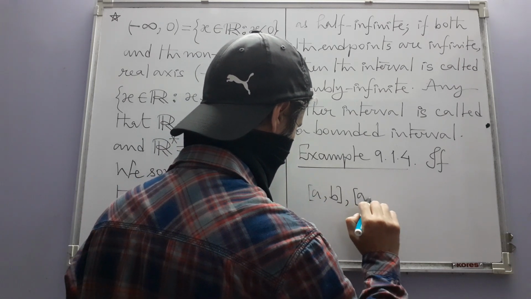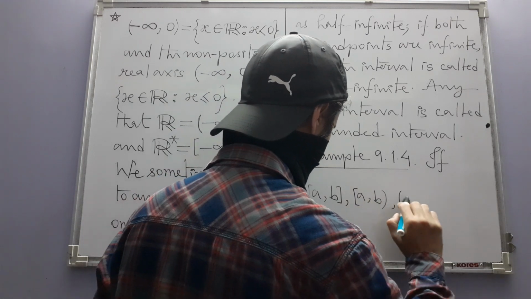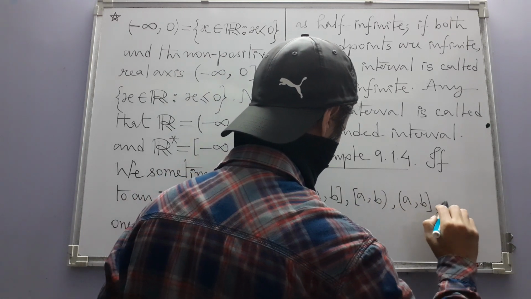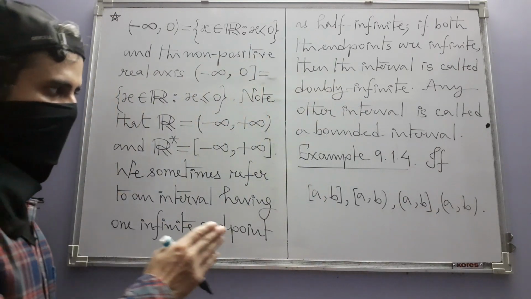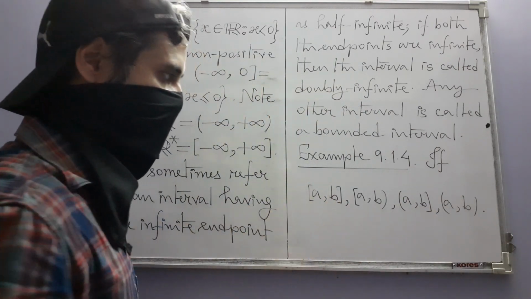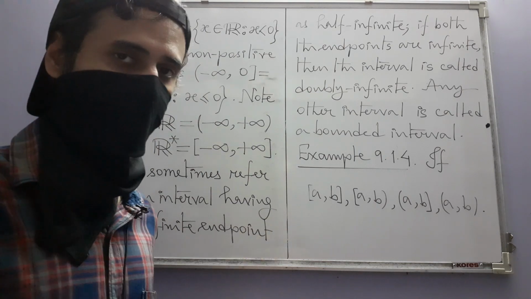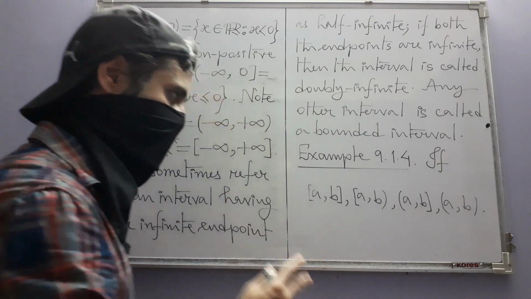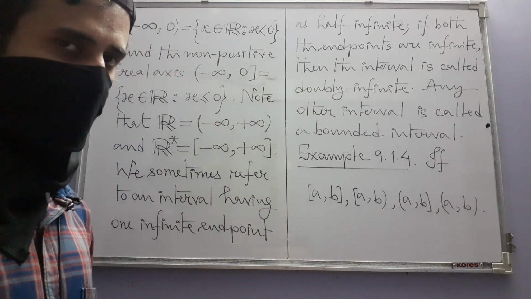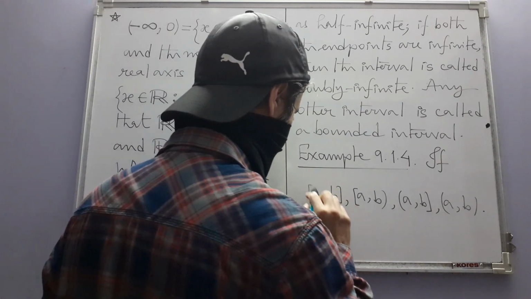This, and the open interval. Now, depending on how A is related to B with the order relation, you can decide whether the interval will be empty or not. And some other things.